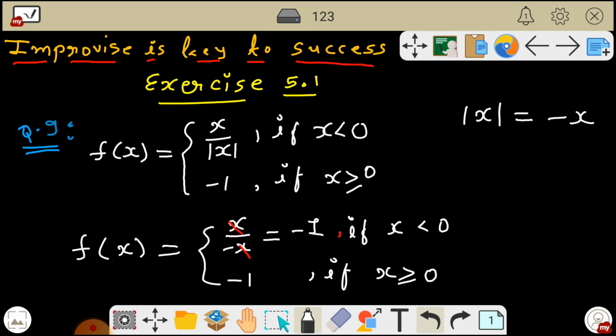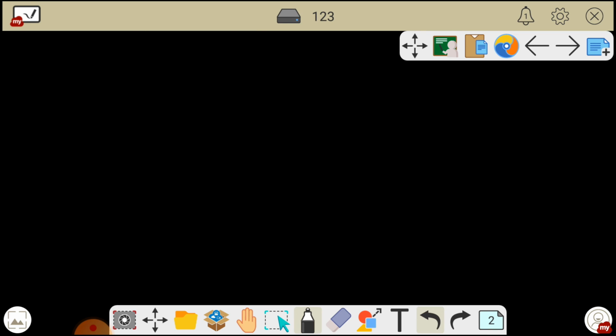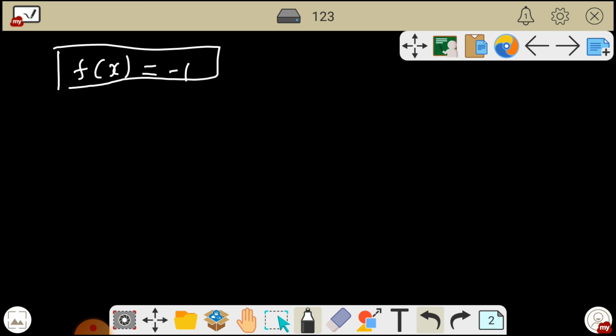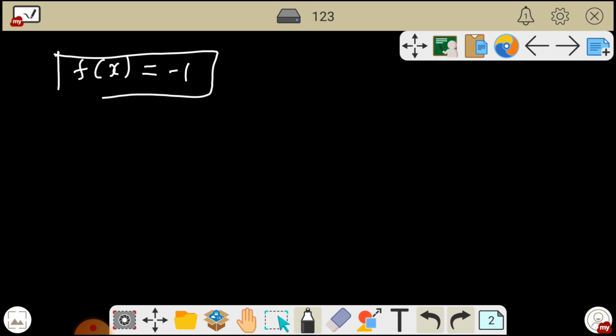Now if you observe the function carefully, in both the cases f of x is equal to minus 1. So we can simply write our function f of x is equal to minus 1. So this is a constant function, right? This function is a constant function.